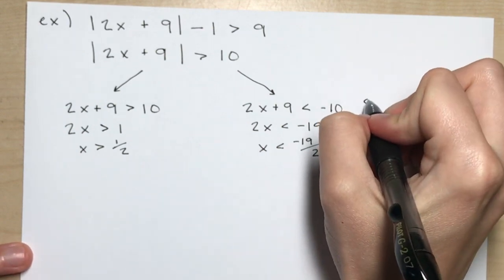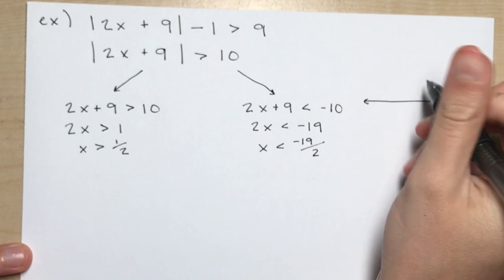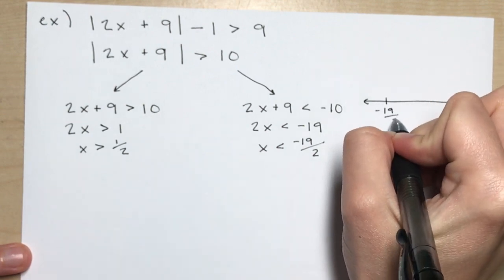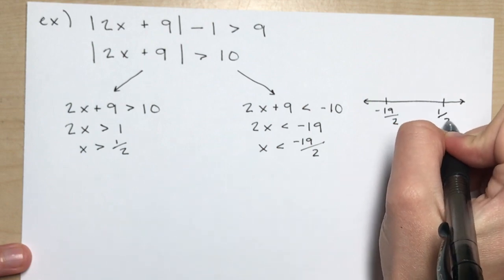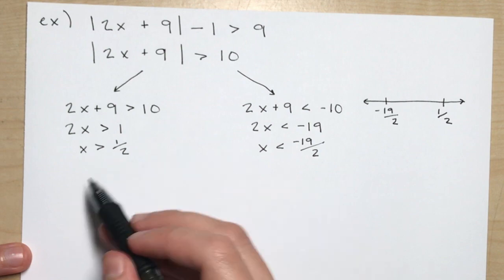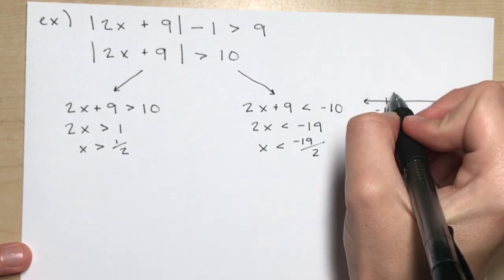Let's look at what this looks like on a number line, so it's easier for us to write this in interval notation. So we've got negative 19/2 and 1/2. Both of these are strict inequalities. They're not equal to as well, so these are going to be open.